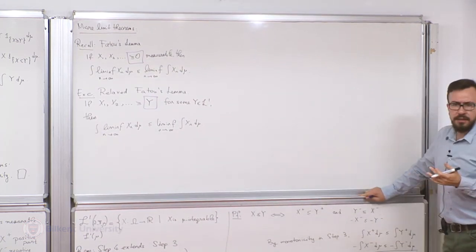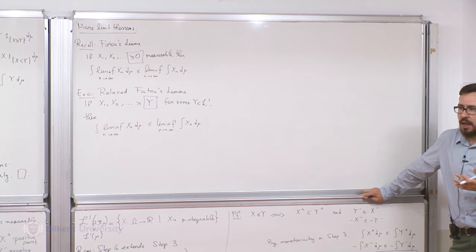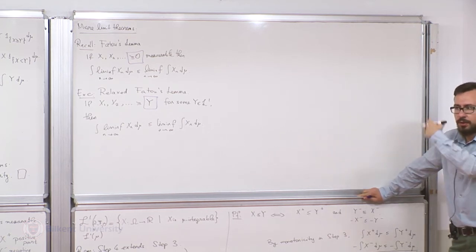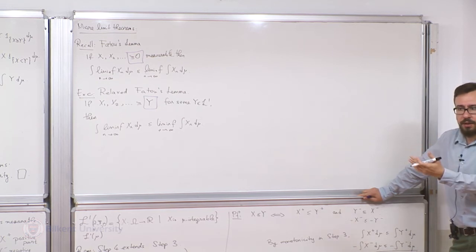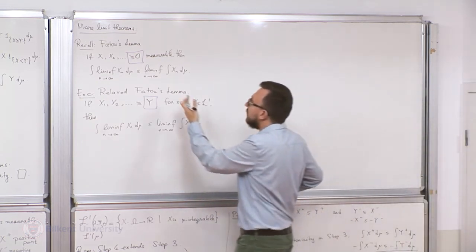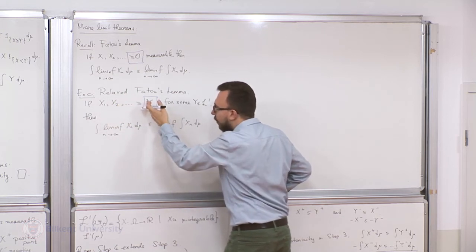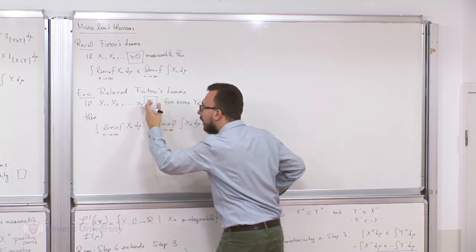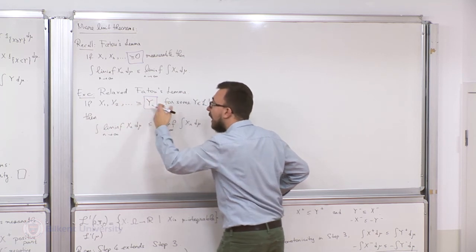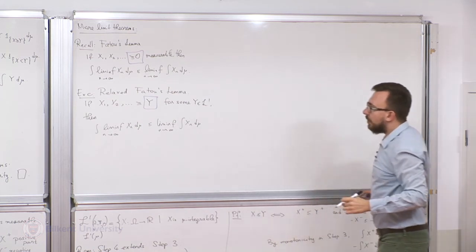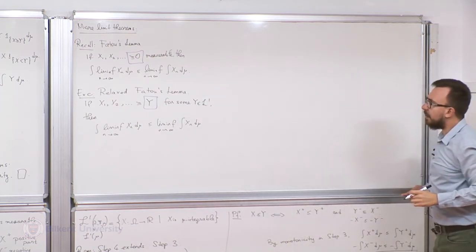And the idea of the proof is very simple. You want to prove the relaxed Fatou's lemma using the usual Fatou's lemma. You need to define positive measurable functions. These are not positive, but greater than y. Therefore, you can just look at x1 minus y, which is positive, x2 minus y, which is positive, and apply Fatou's lemma to those. So the idea is very simple.